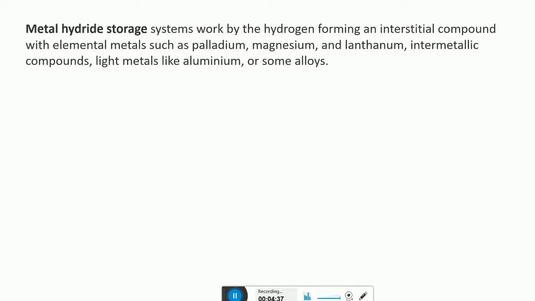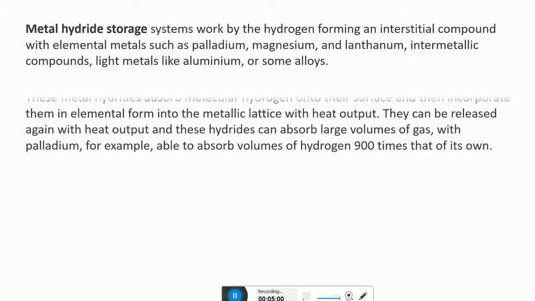Then a metal hydride storage system, which works by the hydrogen forming an interstitial compound with elemental metals such as palladium, magnesium, and lanthanum, intermetallic compounds, or some alloys.